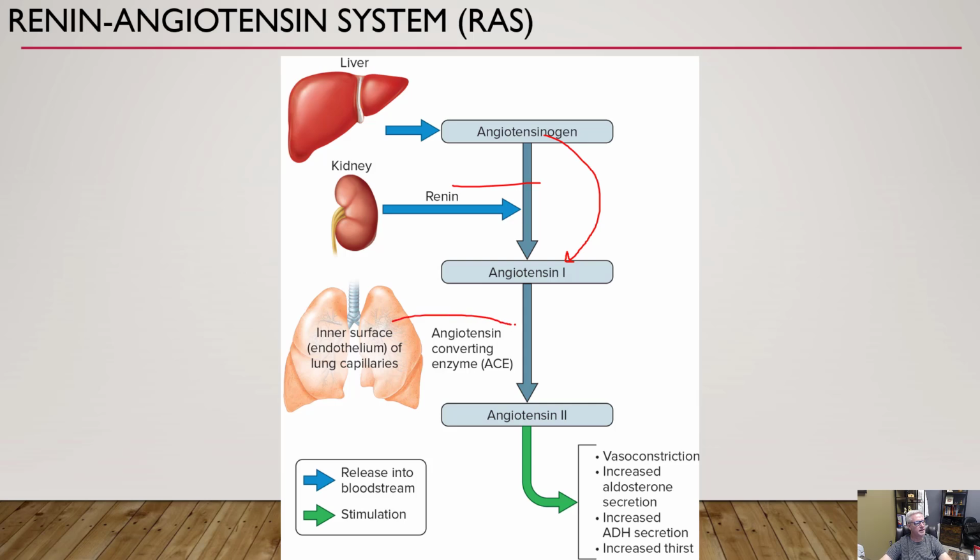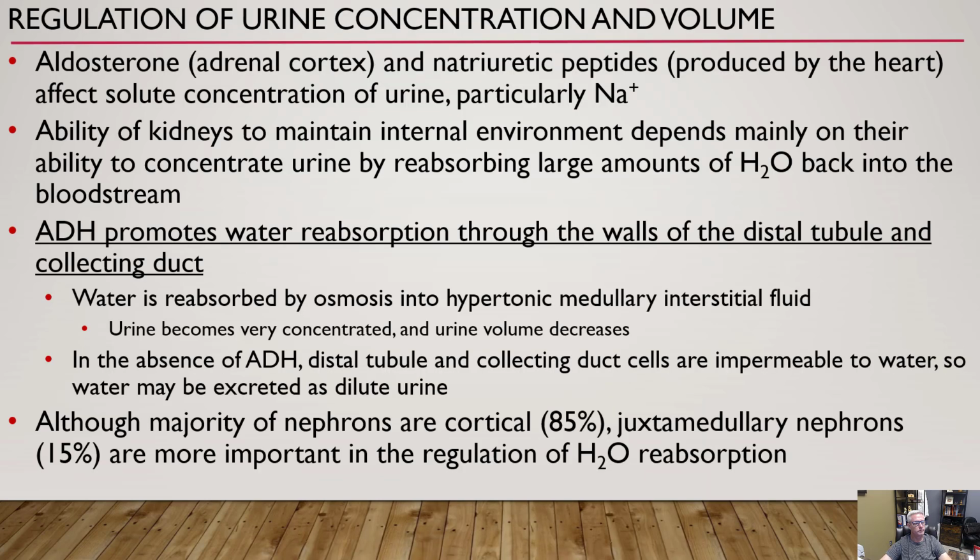Then this angiotensin converting enzyme, ACE, will convert angiotensin 1 into angiotensin 2. If you've ever heard of ACE inhibitors, that's the medication we're talking about here. ACE inhibitors block this step, and it helps decrease your blood pressure.